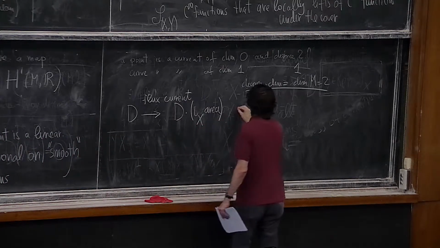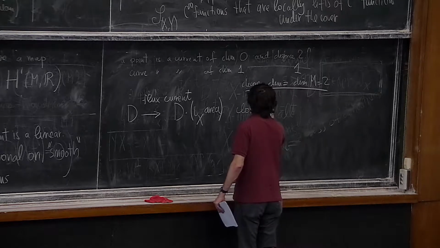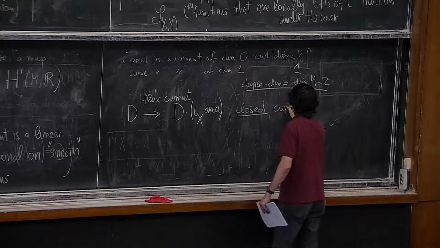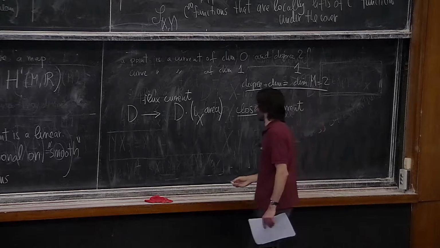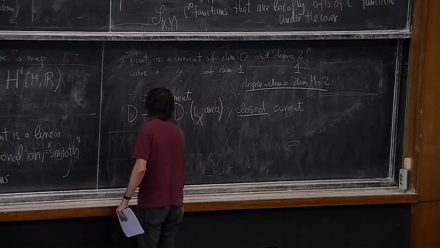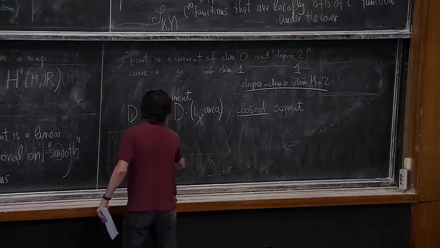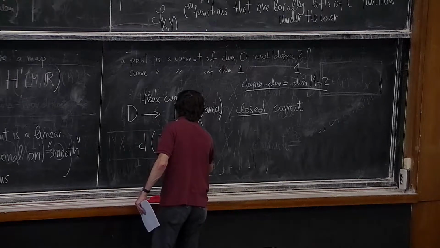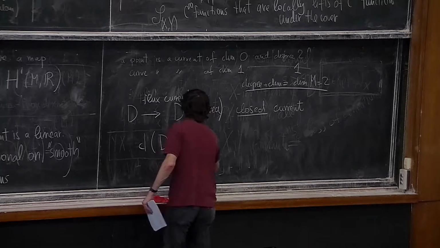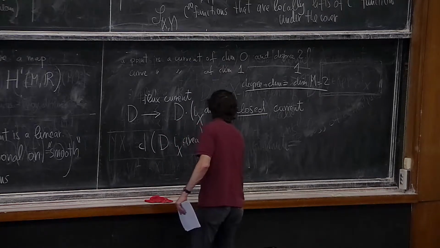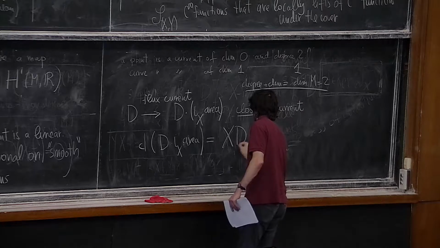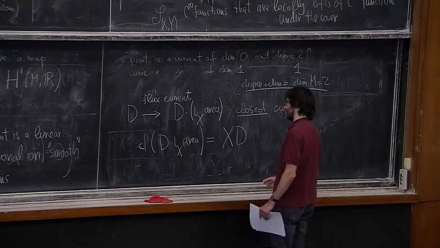And this current is closed. So why is it closed? Well, because formally, if we do the exterior derivative of a contraction, what we get is exactly the derivative of the coefficient times the area.